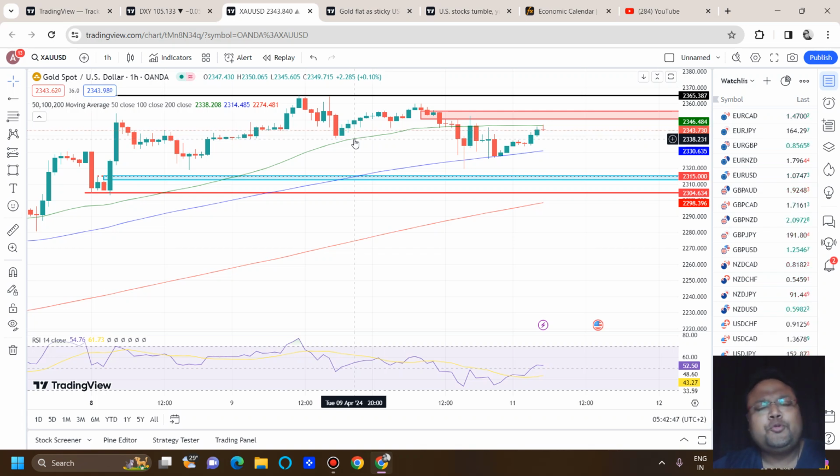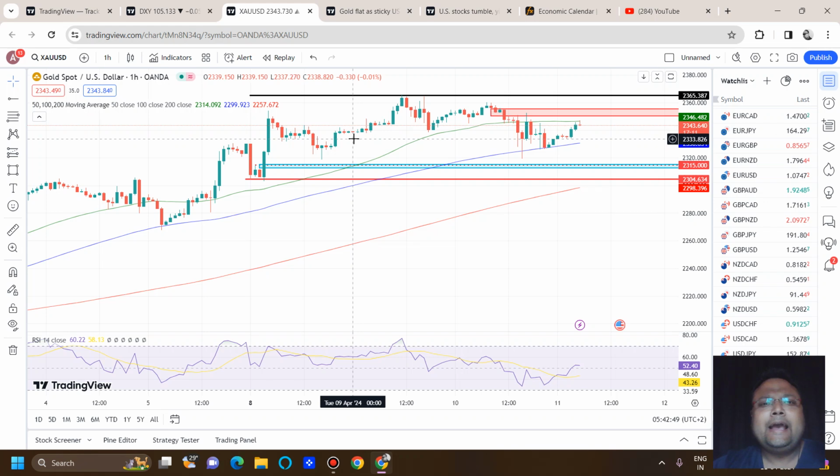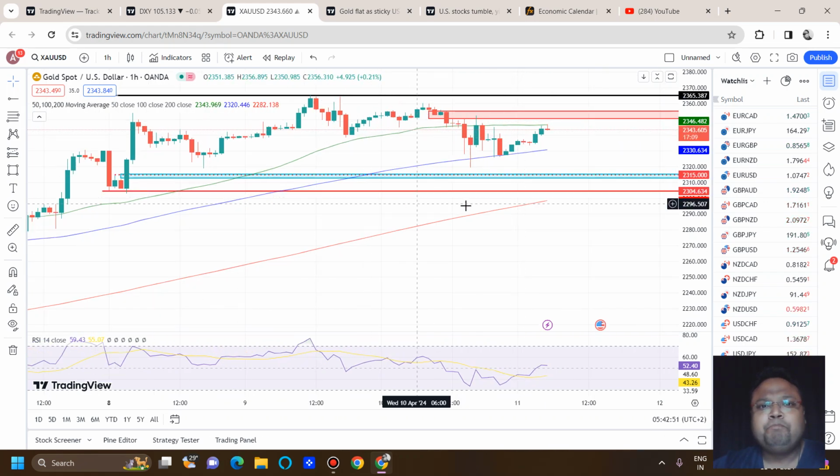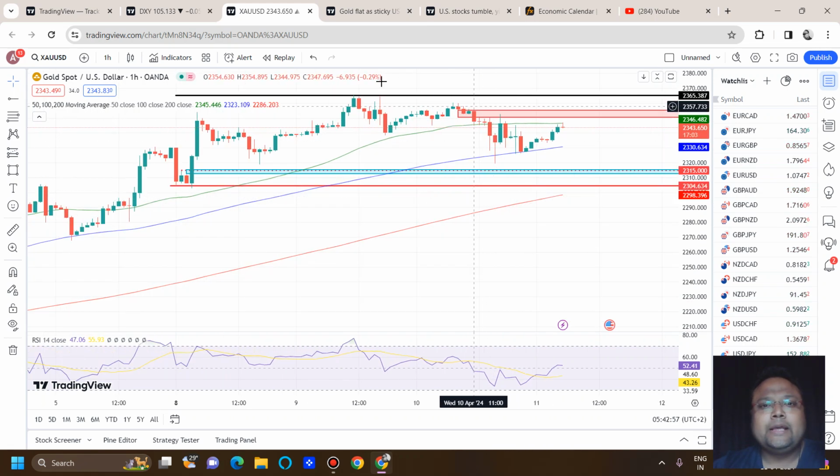Gold came to 2320 and bounced back, and if you look at the present trend of gold, we can see a sideways market. Overall trend is extremely bullish, there is no doubt about it, but at present we can see a sideways market. But if you look at the charts of Euro USD, GBP USD, you can see a complete transition. So things were a little difficult yesterday.